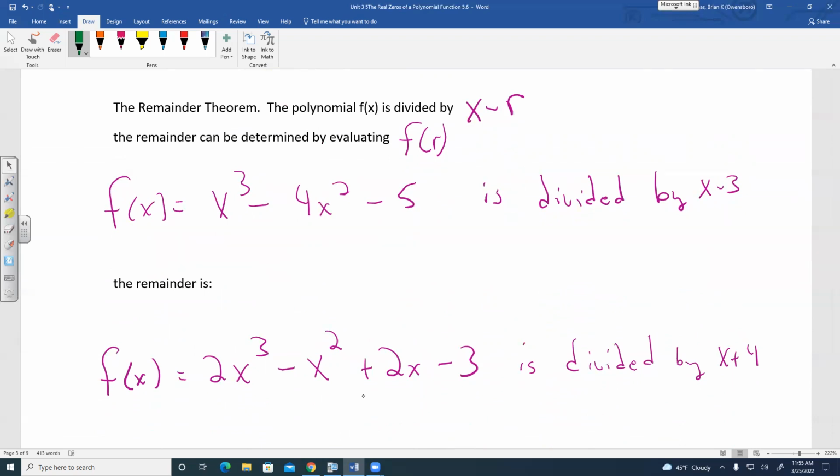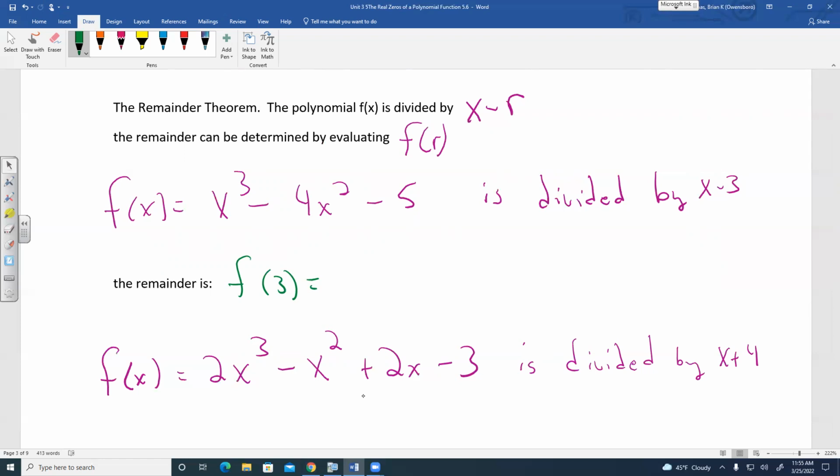So if I have this function f of x equals x cubed minus 4x squared minus 5, if I divide it by x minus 3, if all I wanted was the remainder, all I have to do is evaluate f of 3, and that actually will find the remainder. So if I don't actually need the quotient, if I just want the remainder, just evaluate f of 3, and that'll tell us what the remainder is.